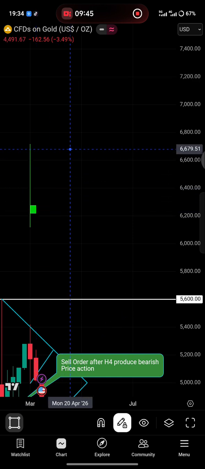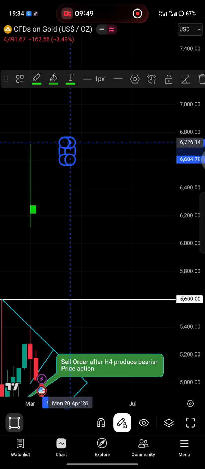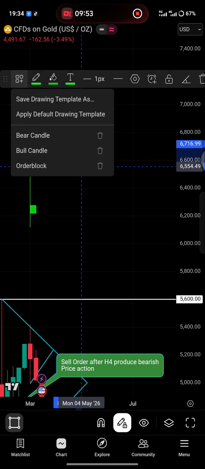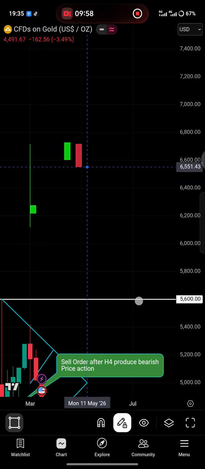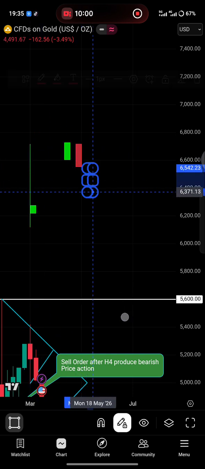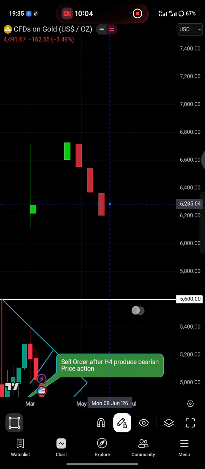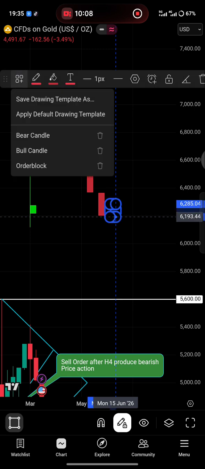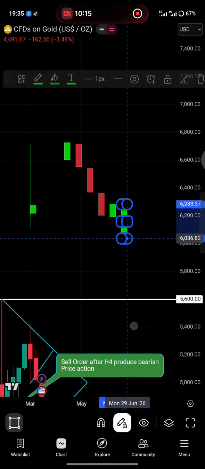But on the 4-hour time frame, a bearish price action may be produced over here, while on the weekly time frame, it is just a wick creating. But on the 4-hour time frame, it is a bearish price action, correct? And sometimes a little bullish candle to trick people into buying, and then another bearish candle pushing down, right?